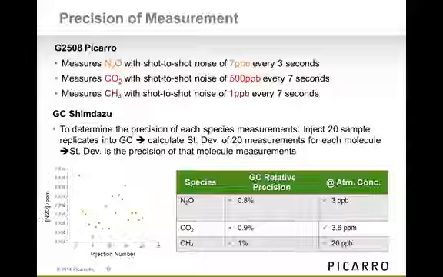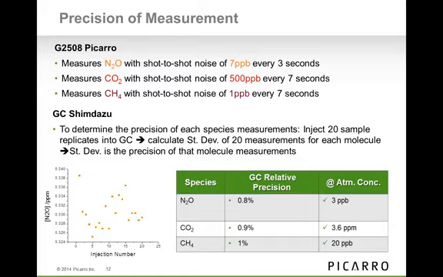And then we can look at how that relates to the G2508, which will give us a measurement at different intervals. So if we just took a single measurement for the nitrous oxide, the precision of that one measurement, which is the standard deviation of a small population, is around 7 ppb.